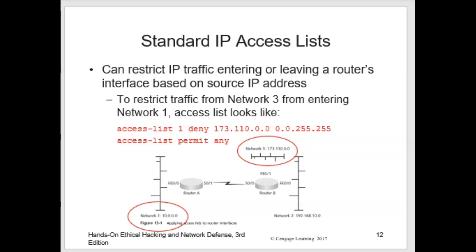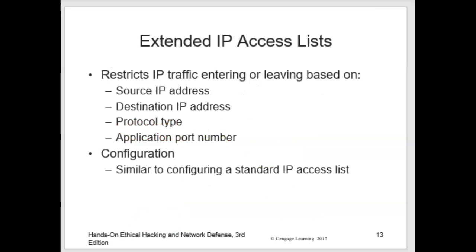And then, first of all, it can deny 173.110.0.0 with the particular subnet that I've highlighted in red. And then, of course, the last rule would be access list permit any, right? So it's going to deny this one group, but permit any otherwise. And so we can restrict IP traffic from entering or leaving a router's interface based on that source IP address, right? Which is what I'm trying to get at here by this example from the book.